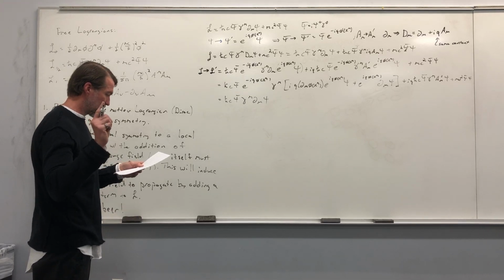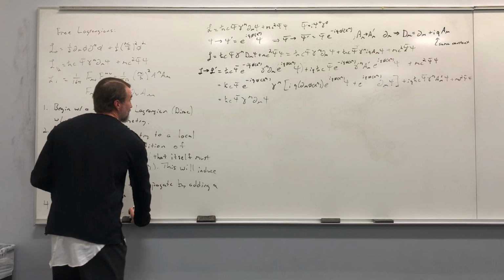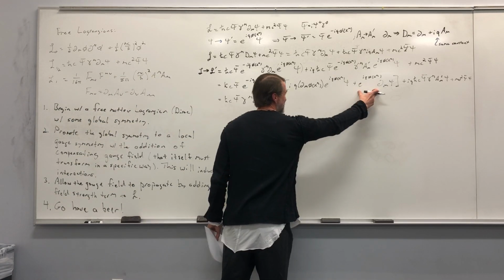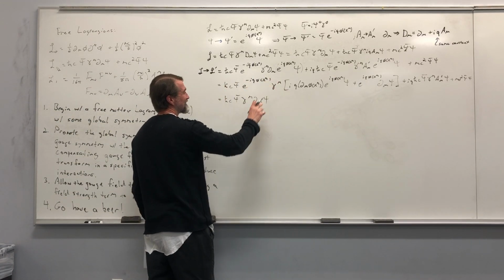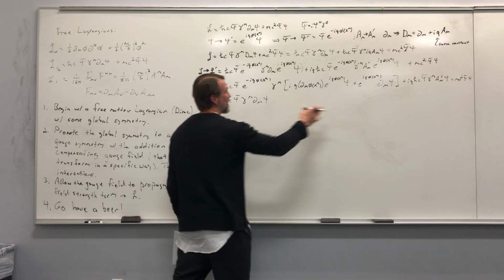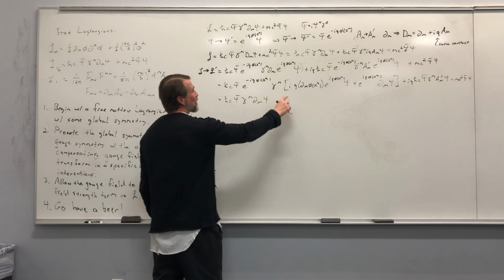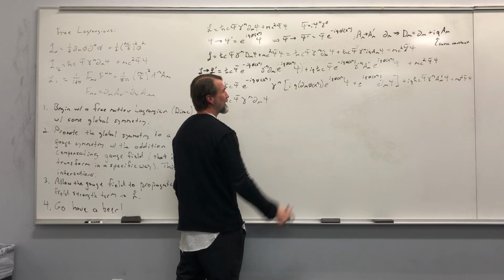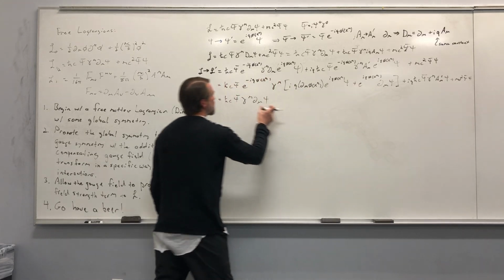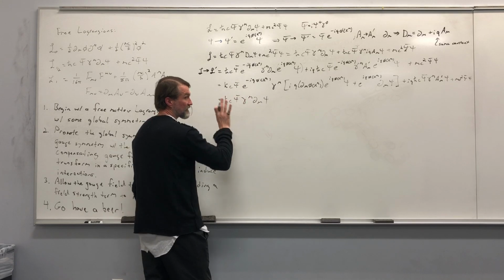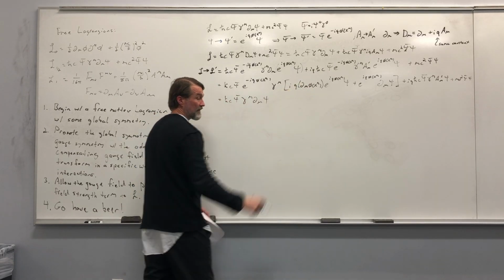Hold on. Yeah, no, you're right. Sorry. It's this guy that I can combine with this. I'm just doing it in the opposite order. I was wondering where this iq goes. No, you're right. It's this guy that I can trivially combine with this to give me back this term. This guy's going to generate something new.